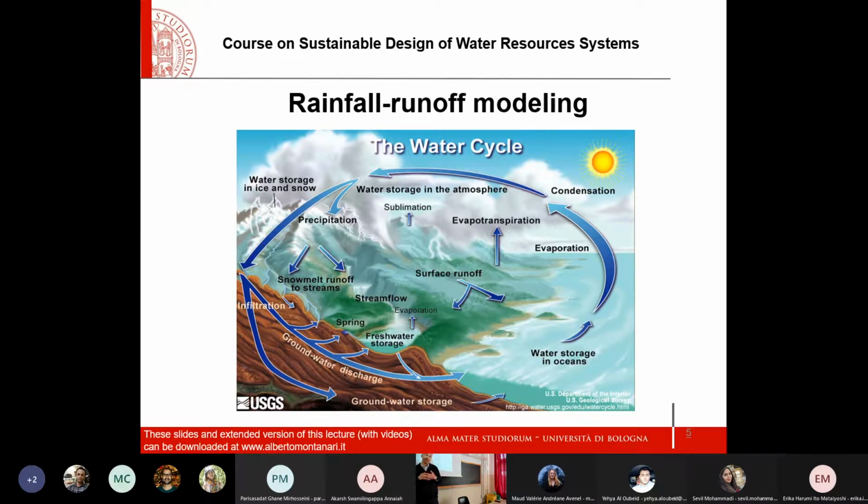Today, with the increasing amount of Earth observation, Earth information, and computing resources, there are indeed people, especially in climate science, that try to reproduce everything within a single model, starting from climate and then hydrology, groundwater, surface water.